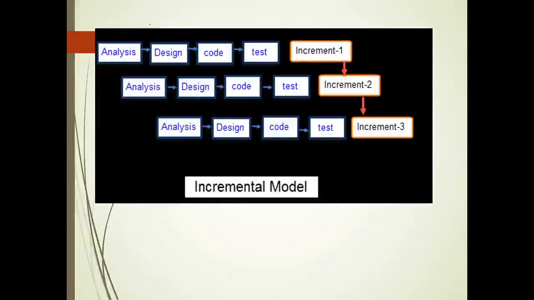This is the diagram of the incremental model: analysis, design, code, test, and increment 1. The same process you use for the next increment and similarly the third increment. All these steps you repeat until the final product is finalized.